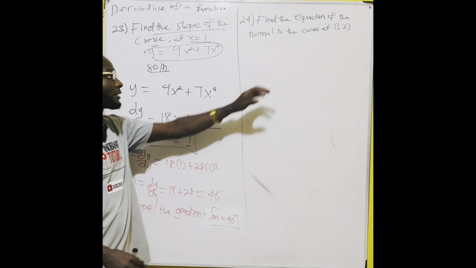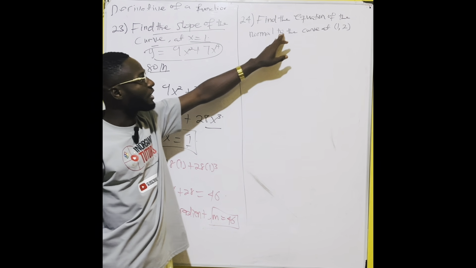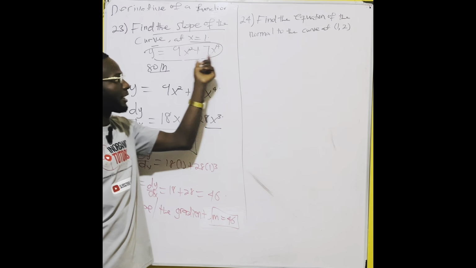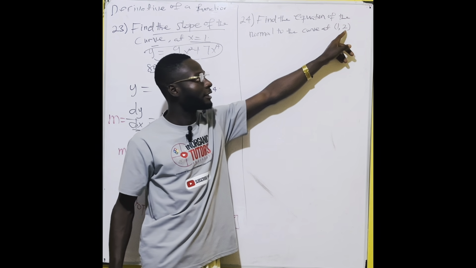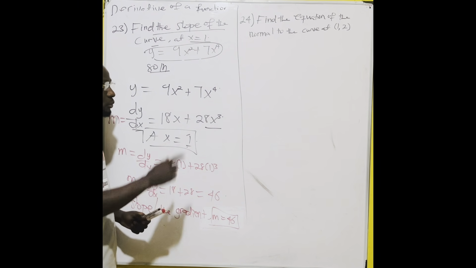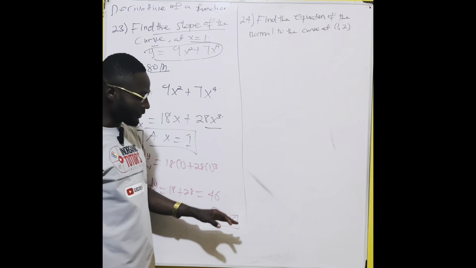Now, in question 24, we have to find the equation of the normal to this same curve at the point 1, 2. What we need to satisfy this question is the gradient.